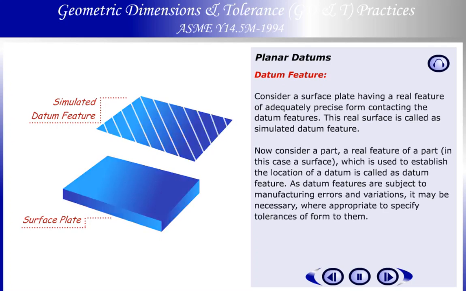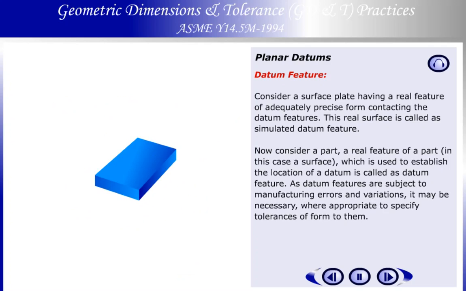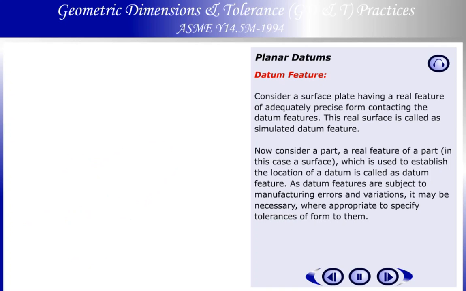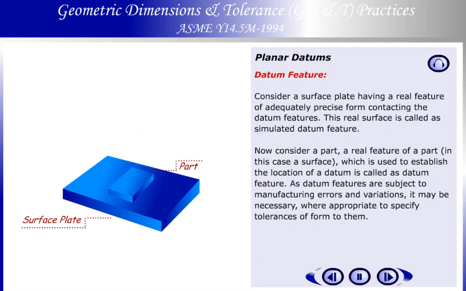Now consider a part, a real feature of a part, in this case a surface, which is used to establish the location of a datum, is called a datum feature. As datum features are subject to manufacturing errors and variations, it may be necessary, where appropriate, to specify tolerances of form to them.